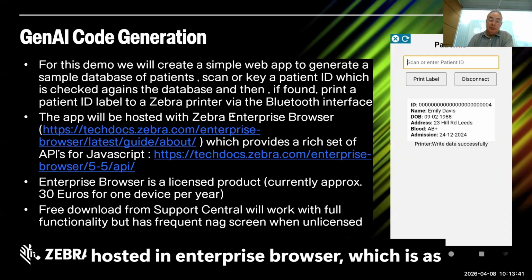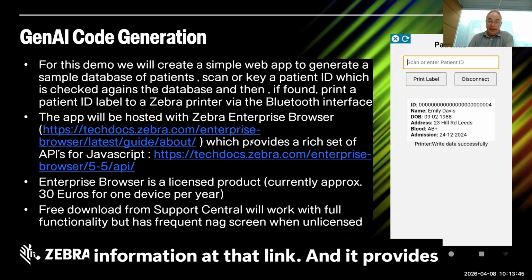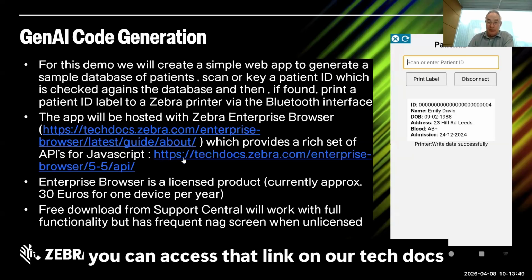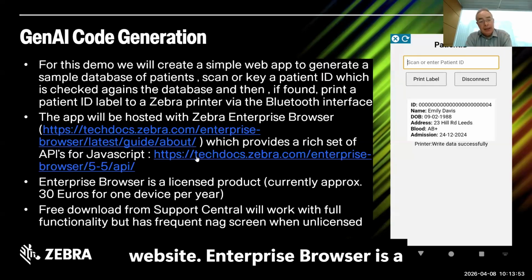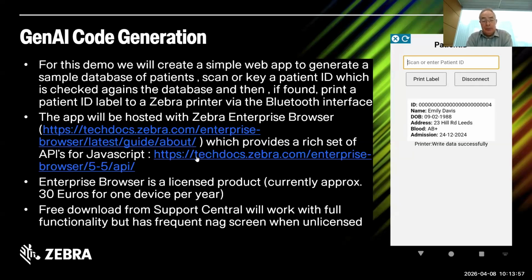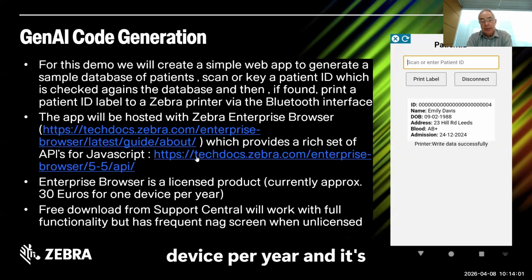The app's hosted in Enterprise Browser, which is a Zebra product. You can get more information at that link. It provides a rich set of APIs for JavaScript, which you can access at that link on our TechDocs website. Enterprise Browser is a licensed product, so it's currently approximately €30 list price for one device per year.